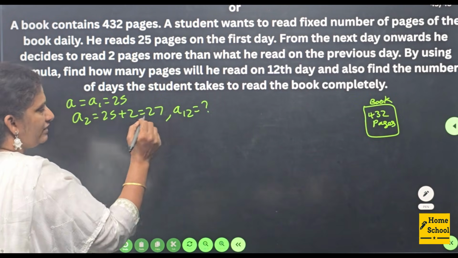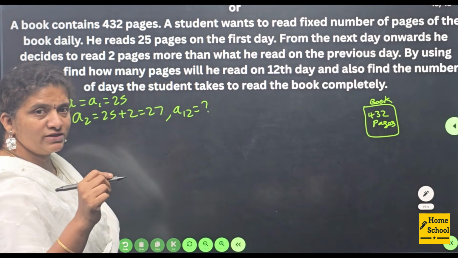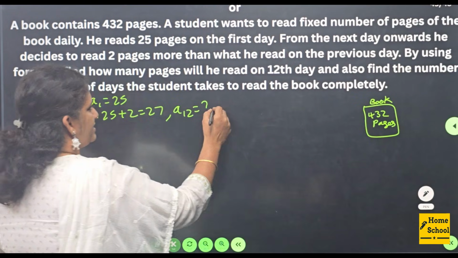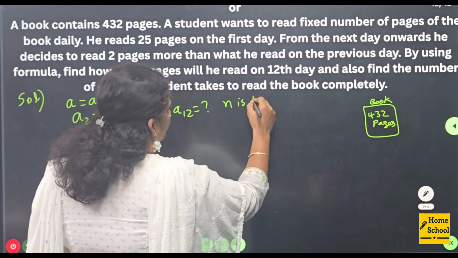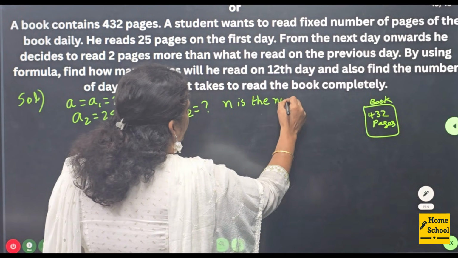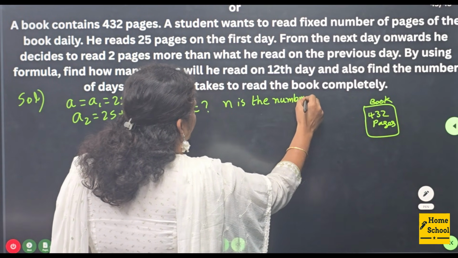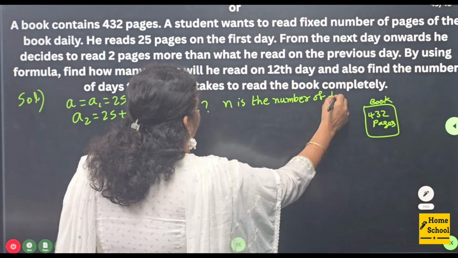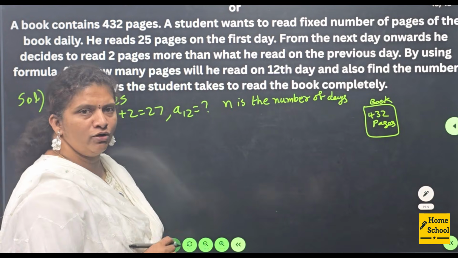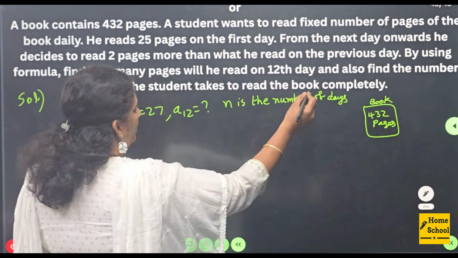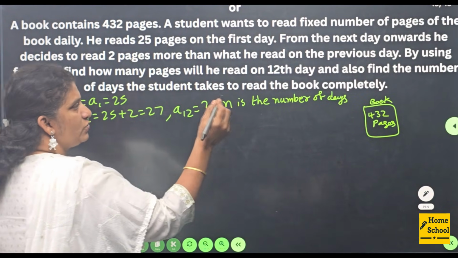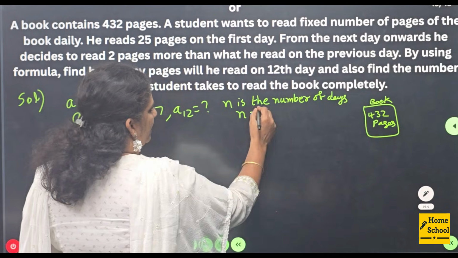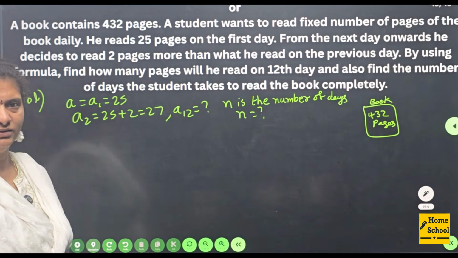Here 1, 2, 3 refers to n value, the number of days. n is the number of days. So here, find the number of days the student takes to read the book completely. n is equal to question mark.